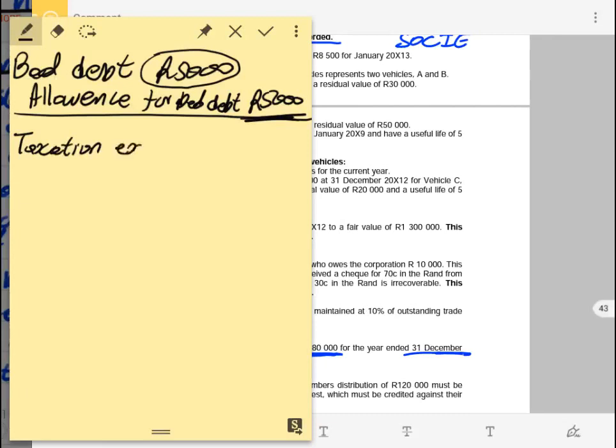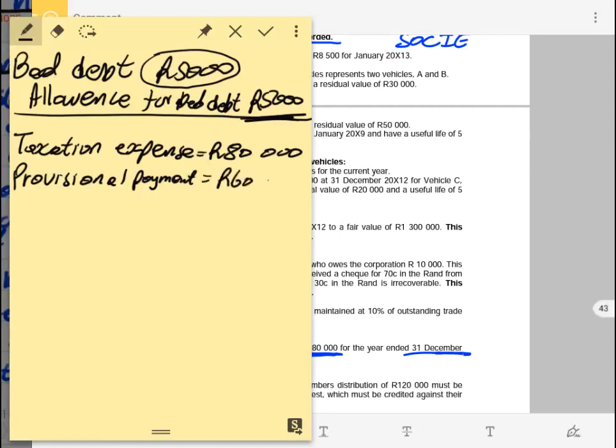And we know that our taxation expense is 80,000 rands, which is the tax that was supposed to be paid. Then we say minus provisional payment. And our provisional payment is an amount of 60,000 rands, the one that comes from the trial balance.